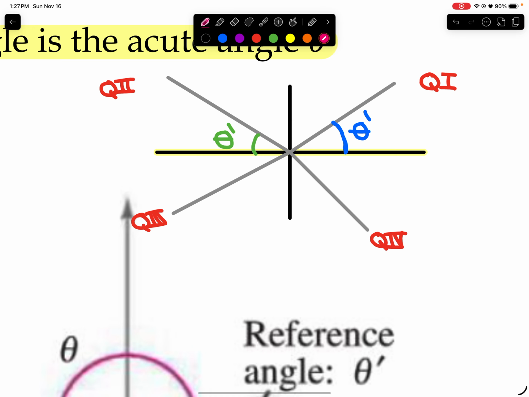And then in quadrant 3, from the x-axis to the terminal side, we're looking at this angle right here as your reference angle in quadrant 3. And then in quadrant 4, from the positive x-axis to the terminal side, this angle is your reference angle.